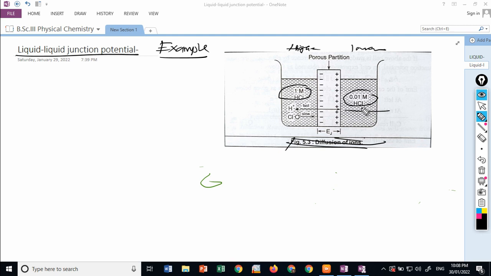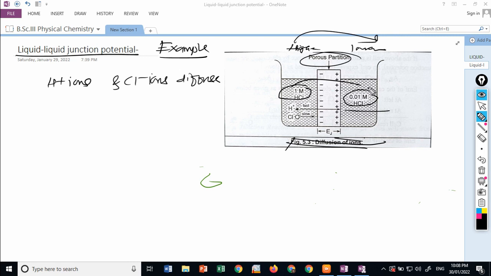The H plus ions, which are positively charged, and Cl minus ions, which are negatively charged, diffuse across the boundary. This is a porous partition, the phase boundary. As we have seen previously, ions diffuse from the higher concentrated side to the lower concentrated side, so from 1 molar HCl to 0.01 molar HCl.